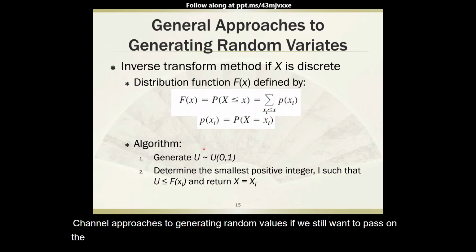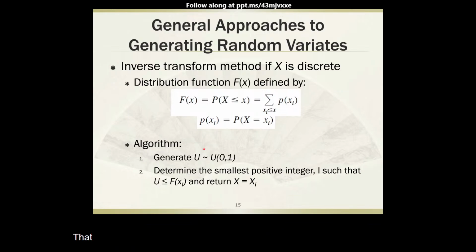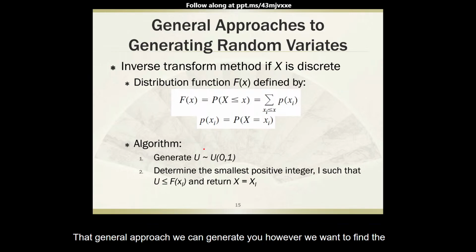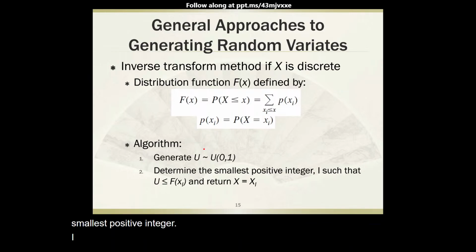Think about this, we have a CDF, and also we have the probability mass function. So we can change to this one. The general approach: we can generate U. However, we want to find the smallest positive integer I such that U is lower than or equal to this one.